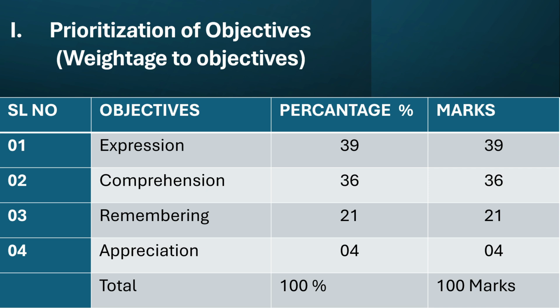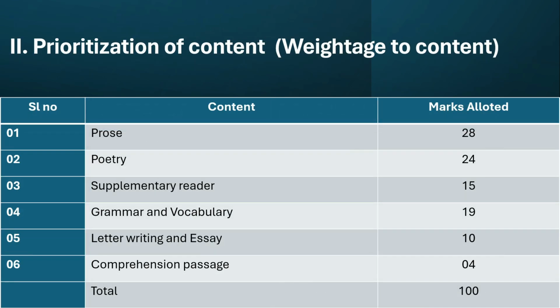Keep them in mind. Moving ahead, the second thing I would like to look into is prioritization of content, or weightage to content. As you all know, content-wise, we have prose, poetry, supplementary reading, grammar and vocabulary, letter writing, an essay, and comprehension passage. Let's take a look at the marks allotted.